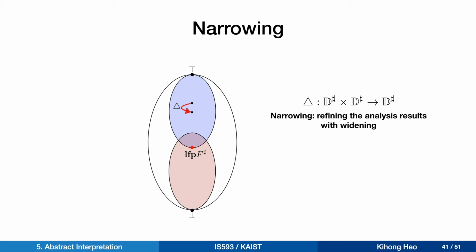One more application will refine further, and we keep doing this until reaching the final element of this decreasing chain. This step can be done also within finite time. Then finally this is the final analysis result.